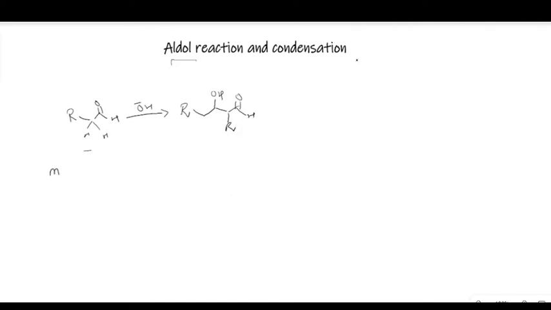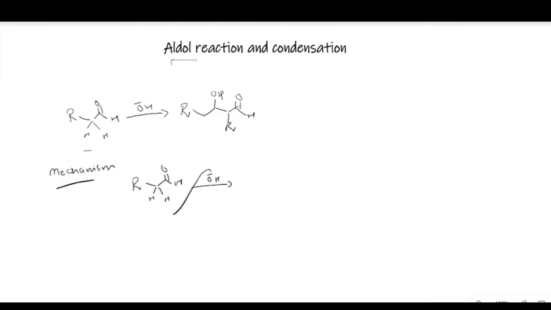Let's see the mechanism, how this happens and how the reaction proceeds stepwise. What happens in the first step is that the base abstracts one of these hydrogens. These hydrogens are acidic in nature because they are close to an electron withdrawing group, that is the carbonyl group in this case.